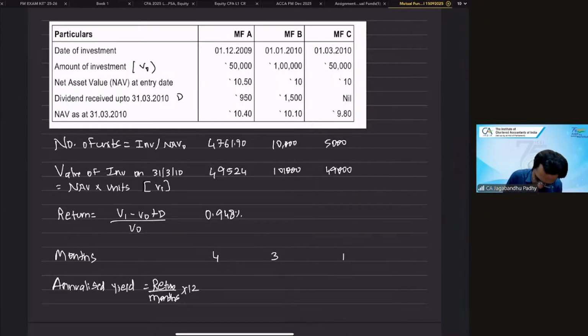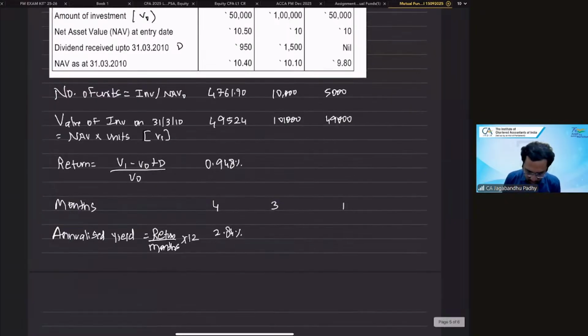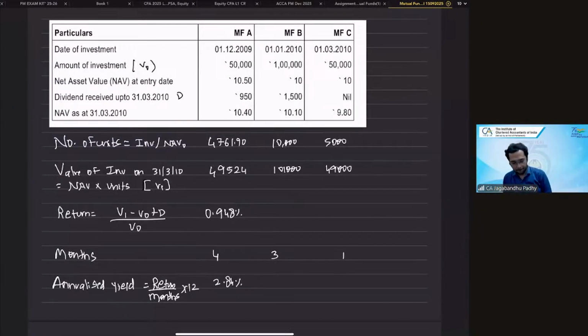Into 12 divided by 4, it comes to 2.84. Similarly, go ahead with the second and the third case. Second comes to 10%, third comes to minus 24%. Perfect. Easy, everyone?